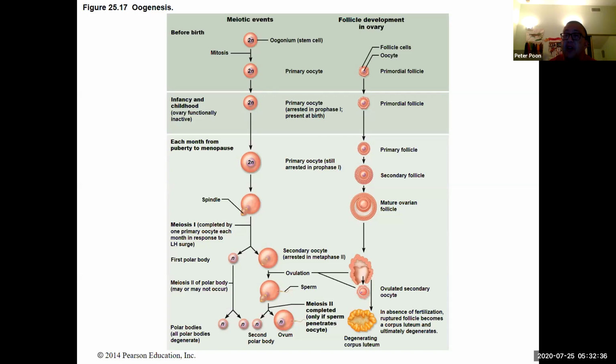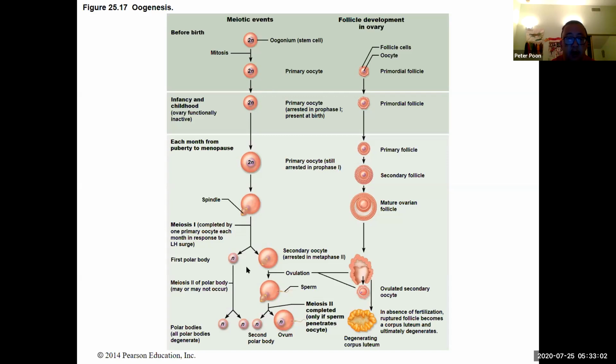You need to divide your DNA a bunch of times, and when you divide your DNA, you form a new nucleus and you wrap it around as little cytoplasm as possible. So meiosis II of this polar body may or may not occur because it really doesn't matter if it occurs or not.